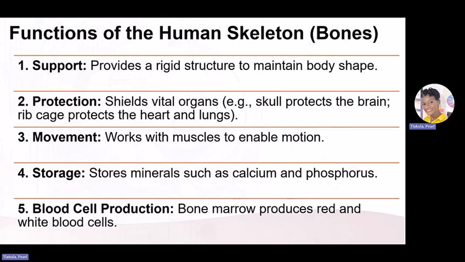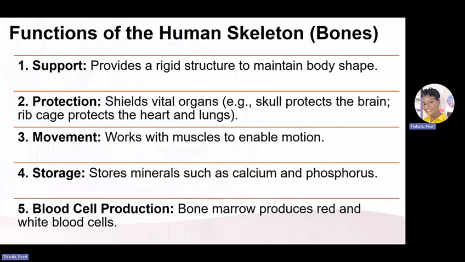An example would be the skull, which protects the brain, and the rib cage, which protects the heart and the lungs. The third function is for movement, working together with muscles to enable motion. The fourth function is for storage. It stores minerals such as calcium and phosphorus.